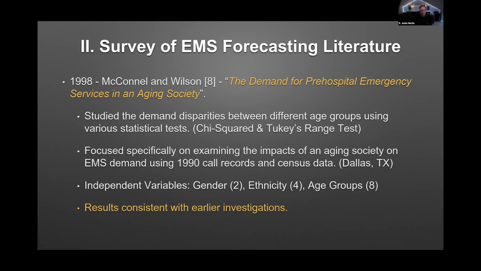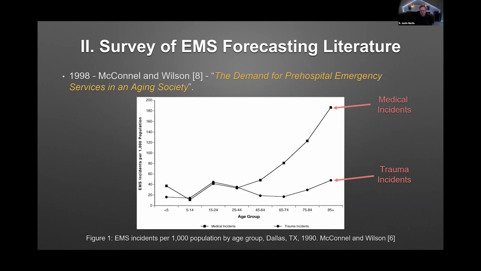Their results were consistent with earlier investigations, but they were, again, really focusing on, in terms of EMS incidents on a populace, who is more likely to call for these services based on age, and they broke those into traumatic medical incidents, or just generic medical incidents. And again, the results are not entirely surprising. We find that as people age, they're more likely to have medical incidents or trauma incidents that require EMS response.